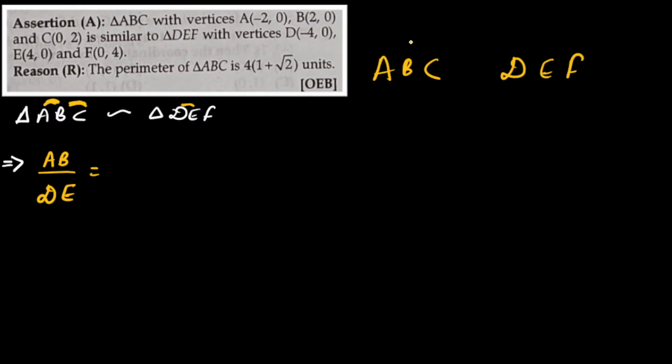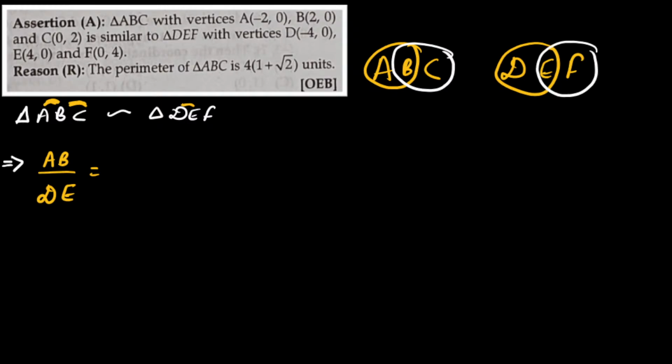AB's corresponding side is DE, so I have taken the ratio, meaning writing in fraction. BC is the next side, and BC's corresponding side is EF.